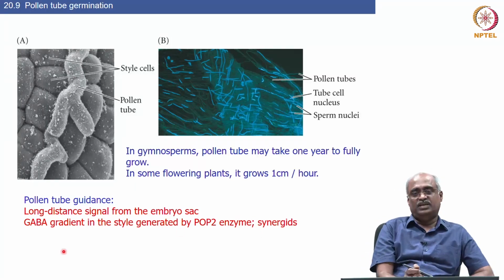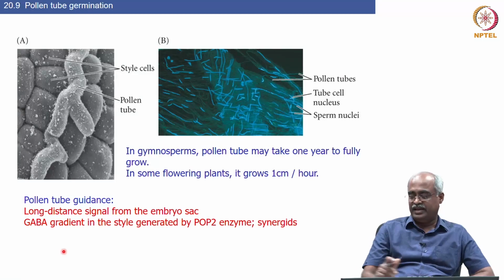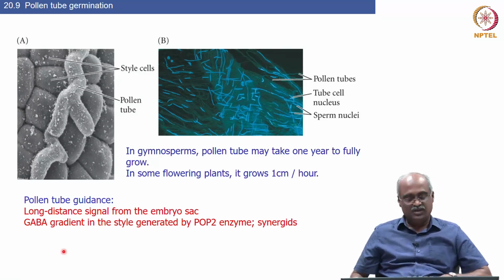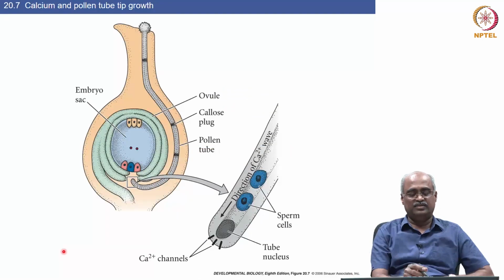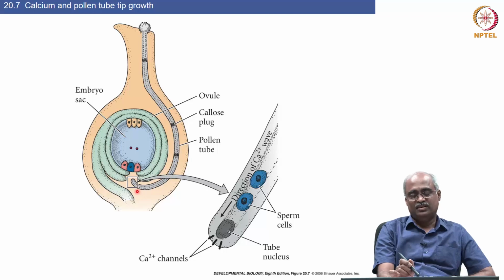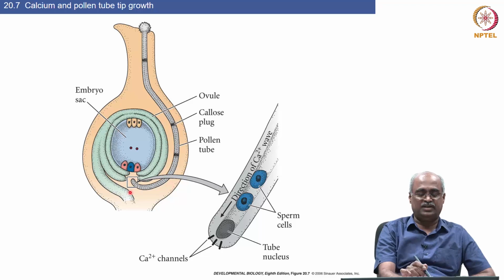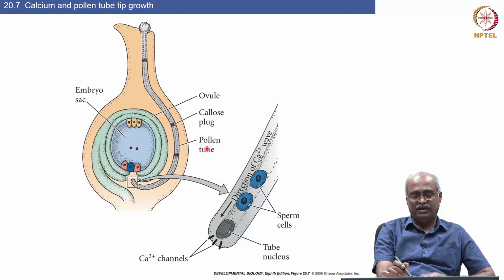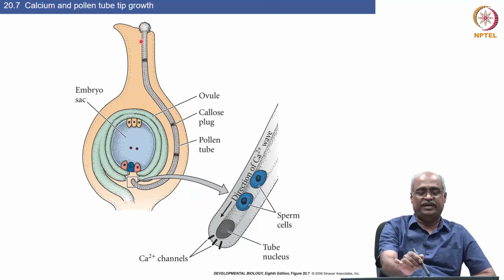So this tube generation and its migration all the way going down to the micropyle, as shown in this image, obviously is an elaborate process. So there will be proper guidance, repelling and direction to the right place, all of that will be involved, and experiments so far have shown that the embryo sac itself signals the direction of this pollen tube growth.